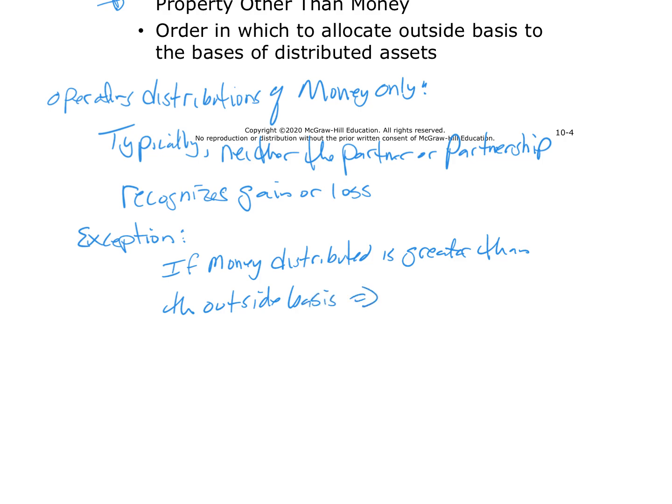Then you're going to recognize a gain, the partner, for that amount that the distribution exceeded outside basis.